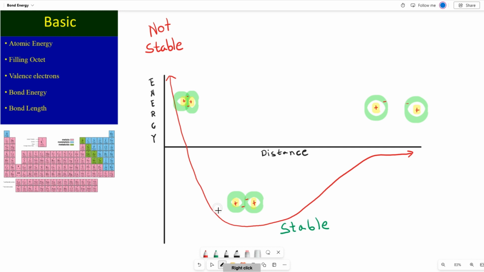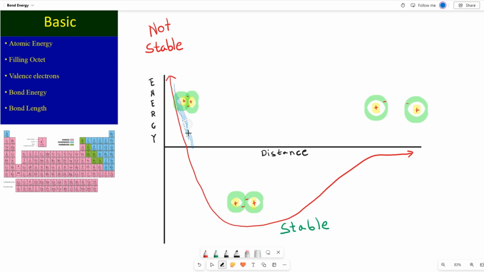Now what happens if you then push those atoms even closer together? That's represented by this drawing here. Now the electron clouds are overlapped a whole bunch, and the nuclei of those atoms are actually starting to get very close to each other as well. Once you push atoms really close to each other, you can see their energy skyrockets. This is bad for the stability of atoms.